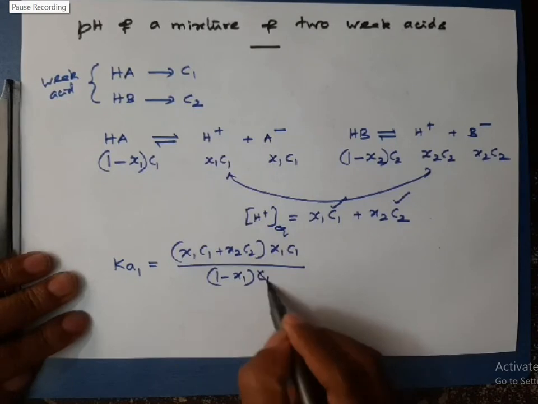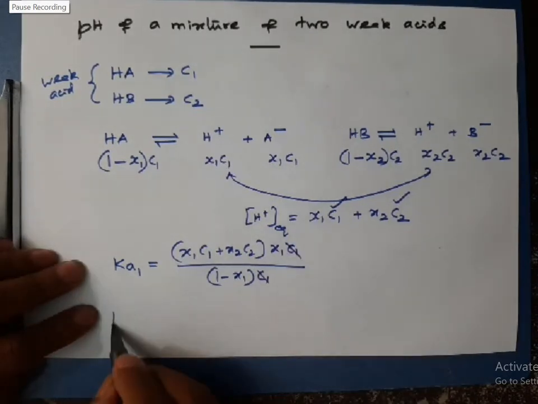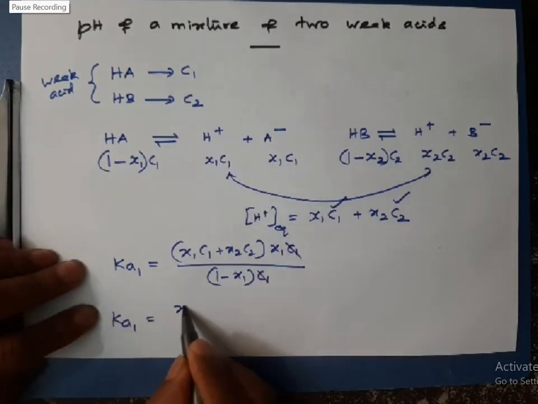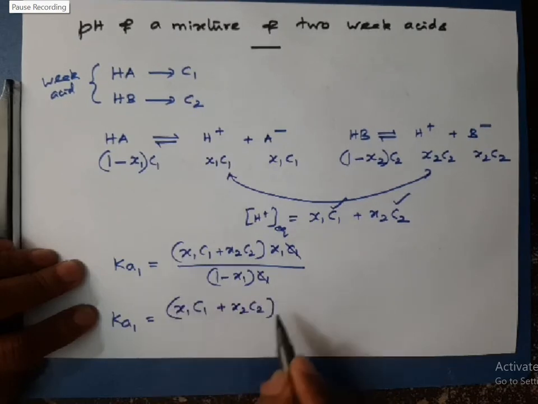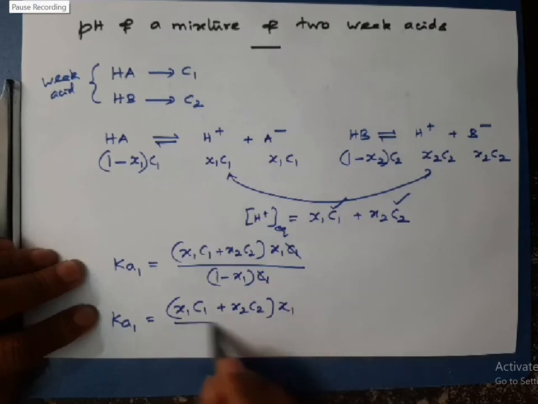We can cancel C1, so we get Ka1 equals (x1 C1 plus x2 C2) into x1, whole divided by (1 minus x1).